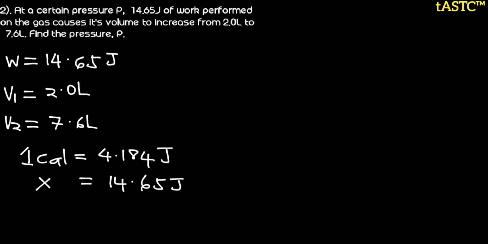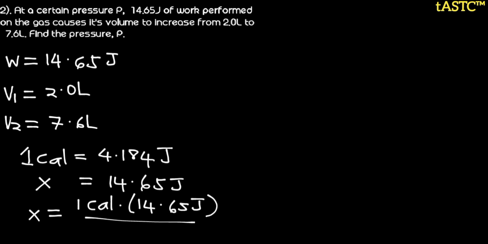Of course we need to cross multiply, and X is going to be equal to 1 calorie multiplied by 14.65, and that will be divided by 4.184.